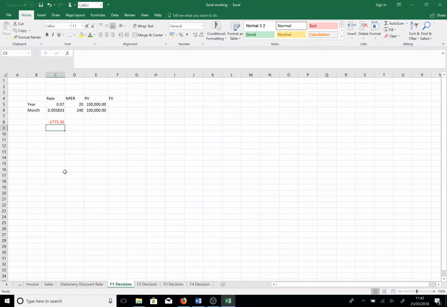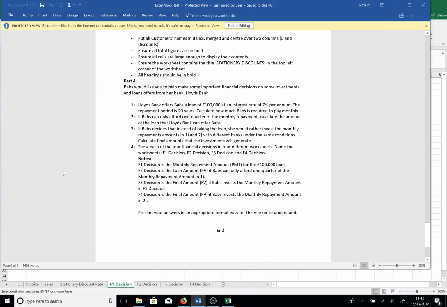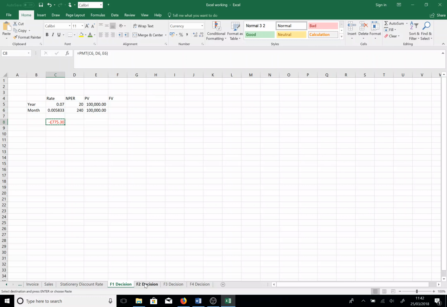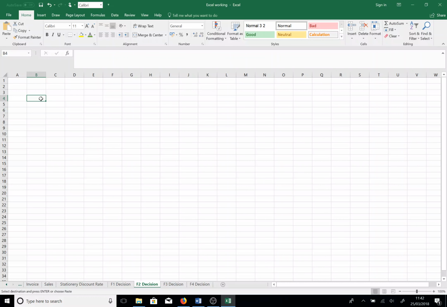Okay. So it's saying if Babs can only afford 1/4 of the monthly repayments, calculate the amount of loan that Lloyds Bank can offer Babs. So just take that out, calculate the amount of loan. Okay, so then you would just do the present value.